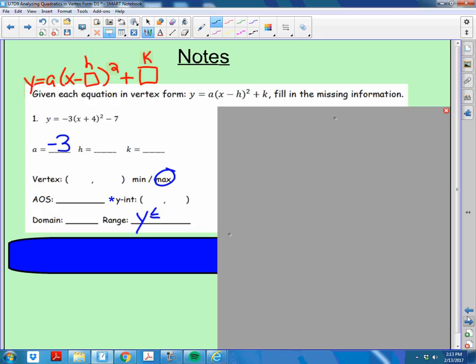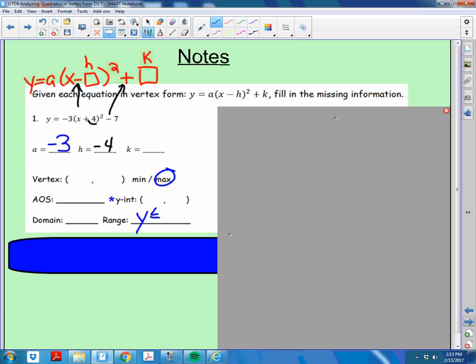They do not. Therefore, you take this number and it becomes its opposite. My h value is -4 because it's supposed to look like this, and it doesn't. So I have to change the value of that number. On the second one, do these match?